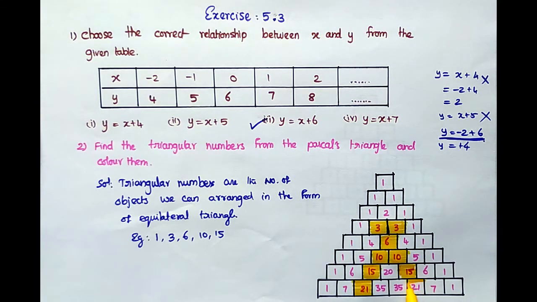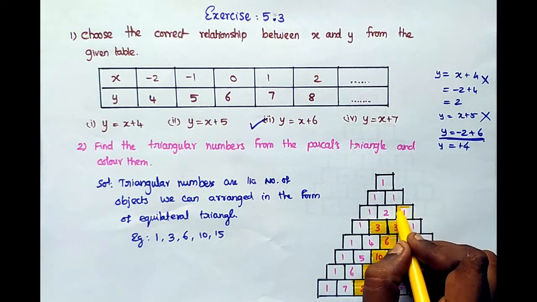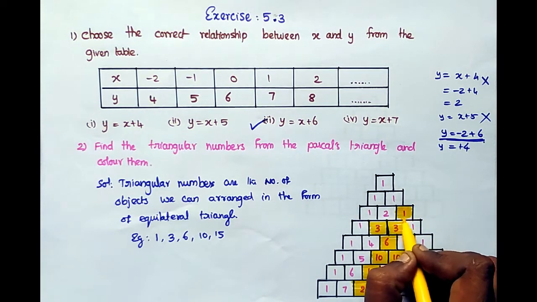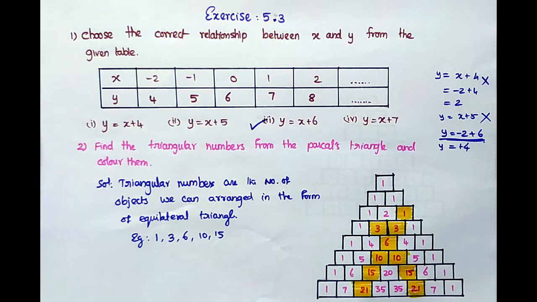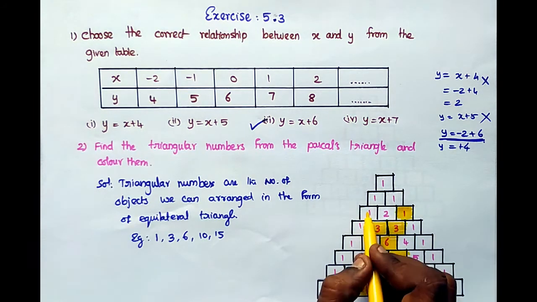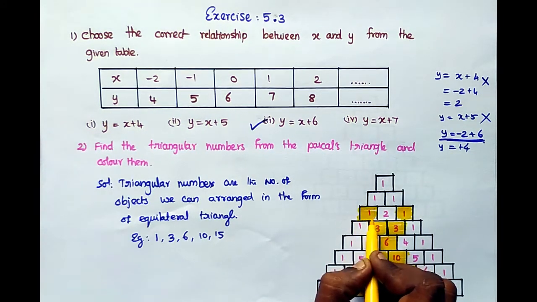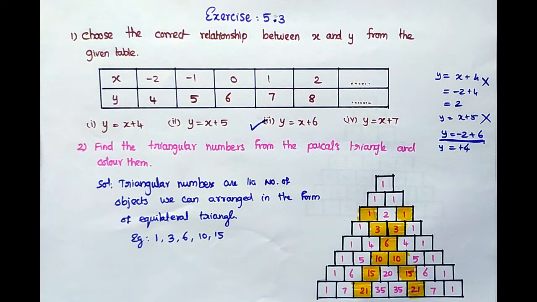In the sequence, the next number is 21. Here 1. So in this equilateral triangular form, that is the answer. So that is the answer.